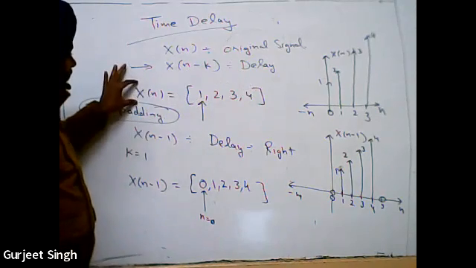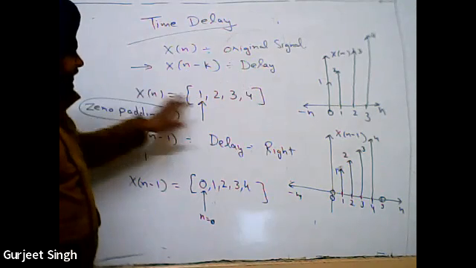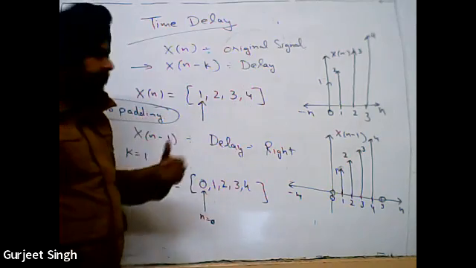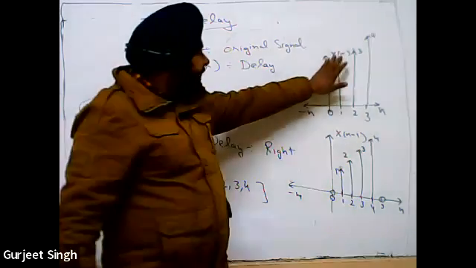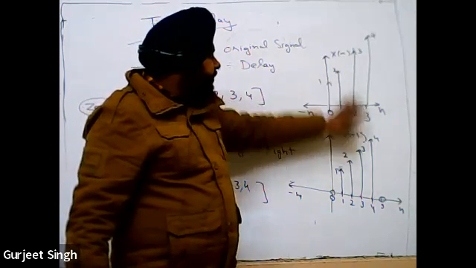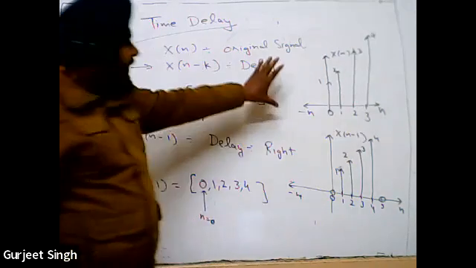I have taken one example. x[n] is the signal 1, 2, 3, 4, which is my original signal. I will draw this signal as x[n]: at 0 the amplitude is 1, at 1 the amplitude is 2, then 3, 4. This is the x[n] signal.